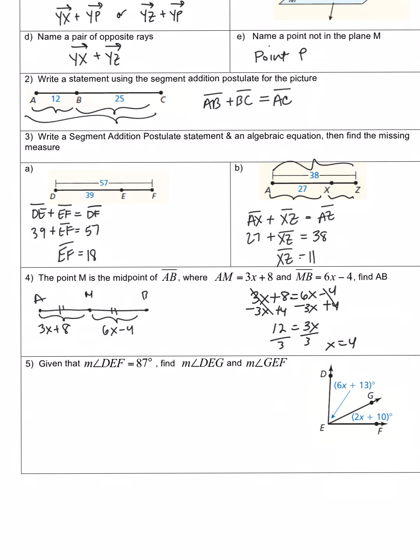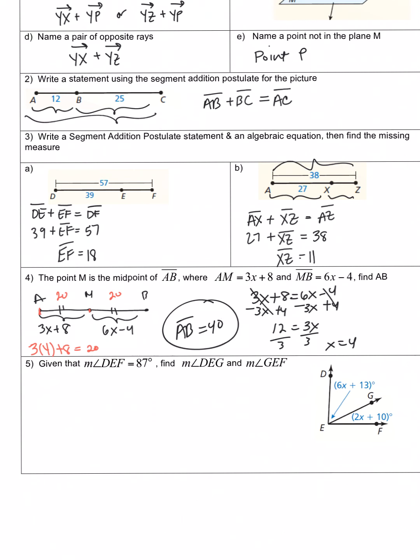I want to know the length of AB, so I can plug it back in. 3 times 4 plus 8, that's 12 plus 8, that's 20. So the length of segment AM is 20, so MB is 20. So I can figure out the length of segment AB is 40.